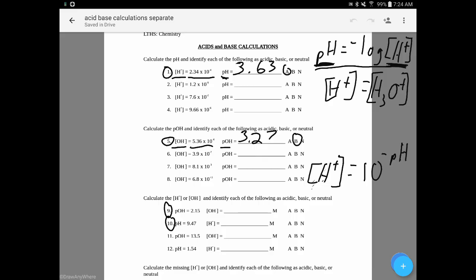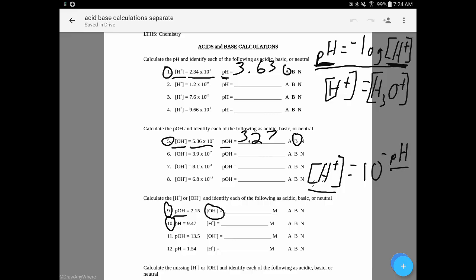And if you're given pOH, you replace pH with pOH, and you replace H plus with OH. They're both the same formula.